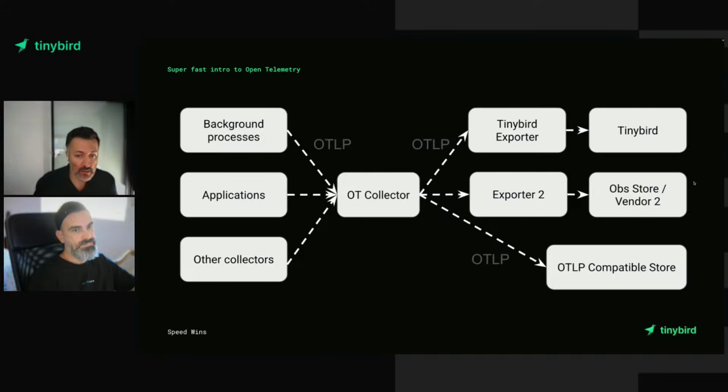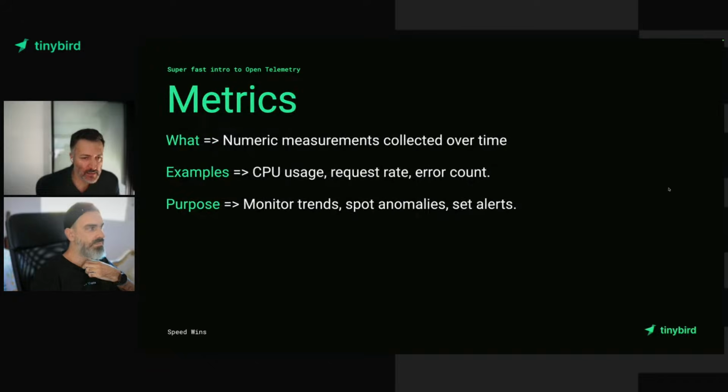There are some that are directly OTLP compatible, that accept OTLP, and those don't necessarily require an exporter. We'll explain specifically what we're going to set up a bit later, but that's the gist of how this normally looks. If you want to go to the next one, we'll just introduce what each thing is. It's all very simple to understand.